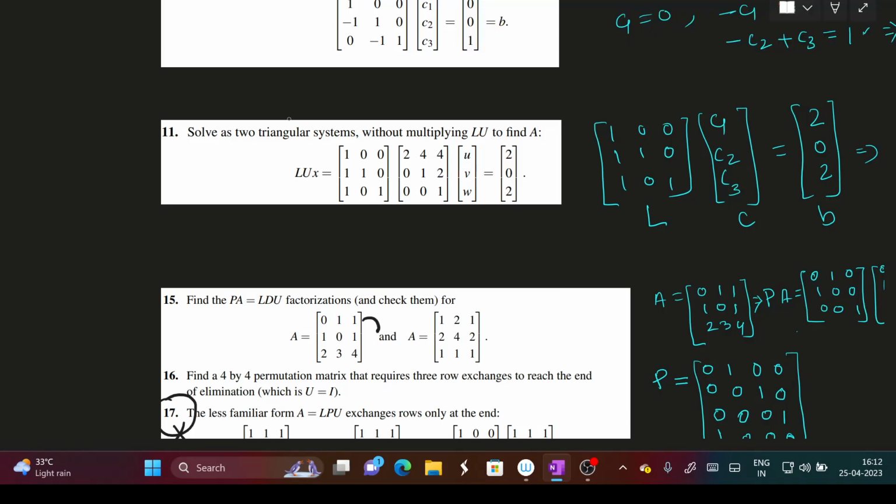If these two rows are changed, what is my P here? 0, 1, 0, 1, 0, 0, 0, 0, 1. If I multiply this matrix with A, then I get a matrix whose pivots can be obtained, and the LDU factorization can be obtained comfortably.